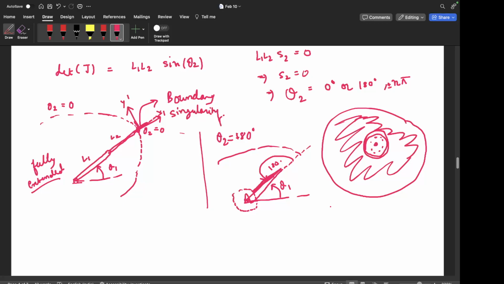You can see that theta 1 can be arbitrary, and if there are no joint limits, then theta 1 can go all around 360 degrees, and theta 2 will have a limit at 0 degree, and at 180 degree you will have a limit, like it can't go any further than that. So you can draw the workspace like that also.